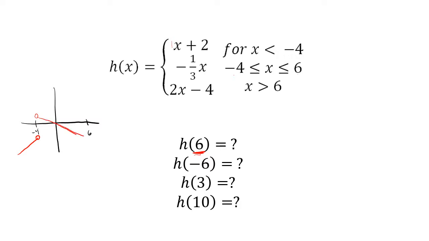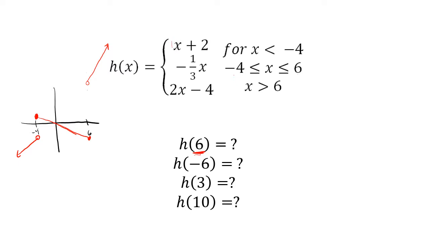That's a closed circle and a closed circle. And then for 2x minus 4, we have something like this. Okay, so that's what this piecewise function looks like. Now this is still a function. It passes the vertical line test. If you drew a vertical line across the domain, you'd only ever hit something once. That means it's a function.